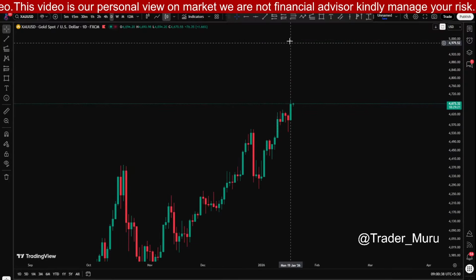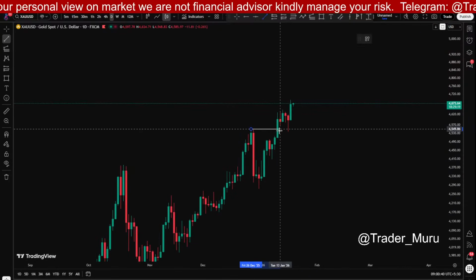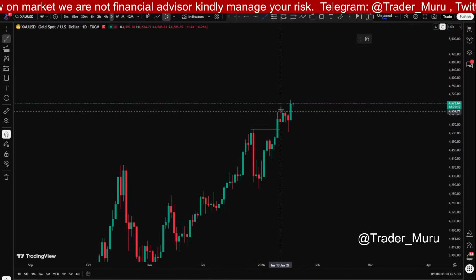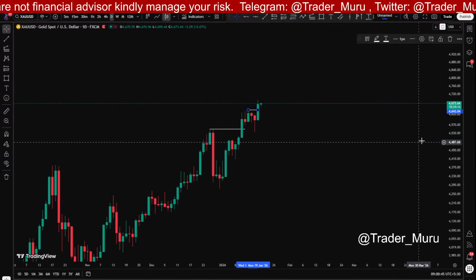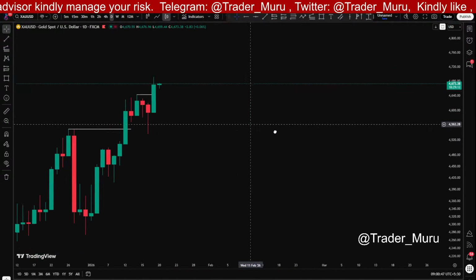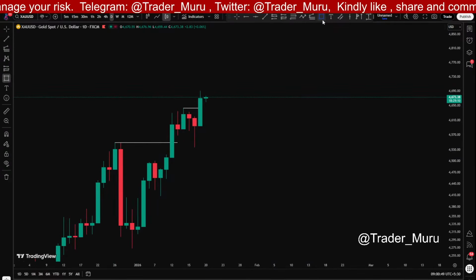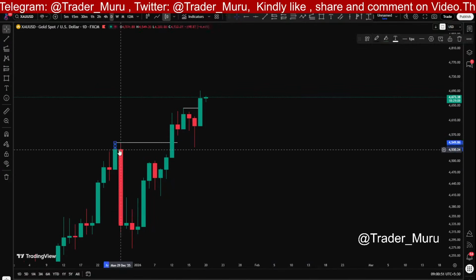So in the daily time frame, we have a breakout structure and we have this another breakout structure. We have this massive demand here from this zone.